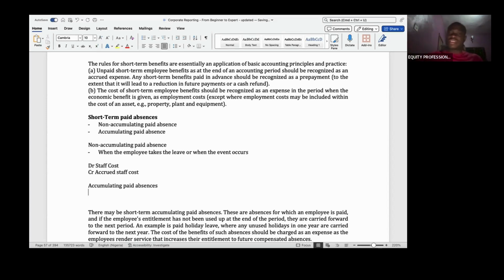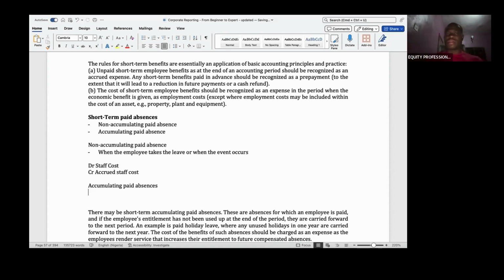You can take it next year. In that case, that means we have an obligation because we will still have to pay. We will still have to pay. But listen to me carefully. You see, the amount you are paying now is now based on what the employee will actually take.